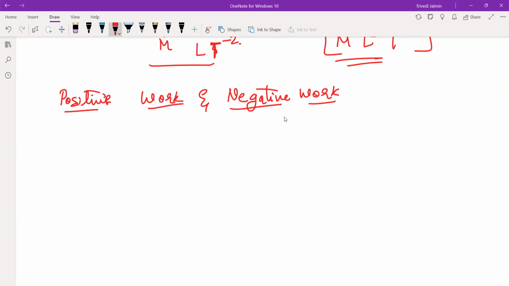Generally we have friction force in the opposite direction. So if the friction force is more, then we can say there is a negative work done. Exactly.